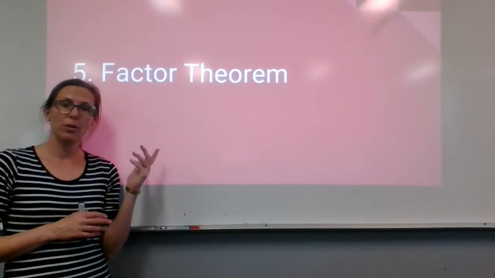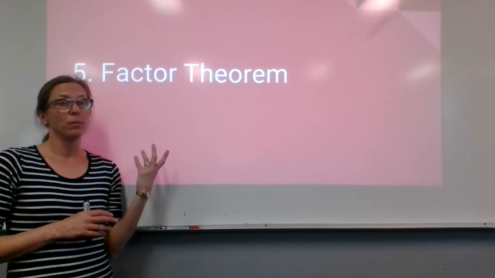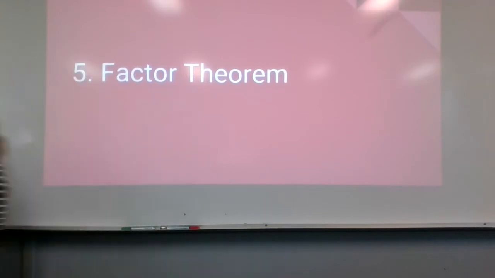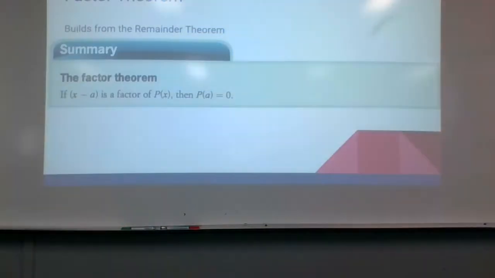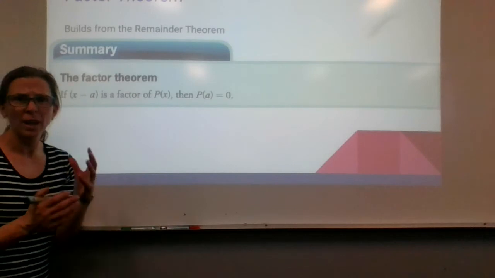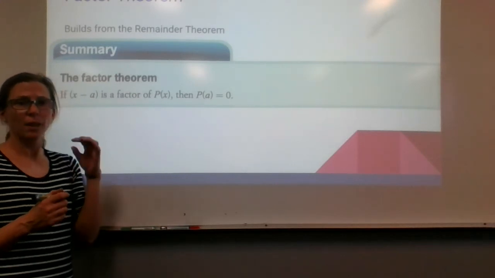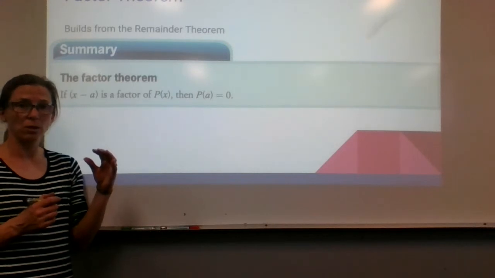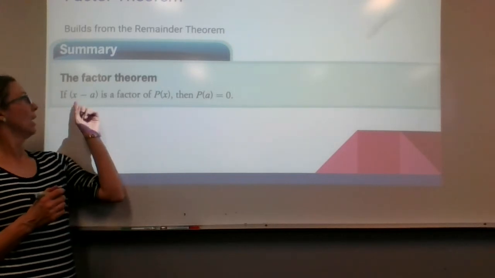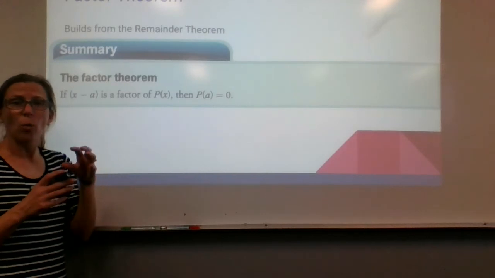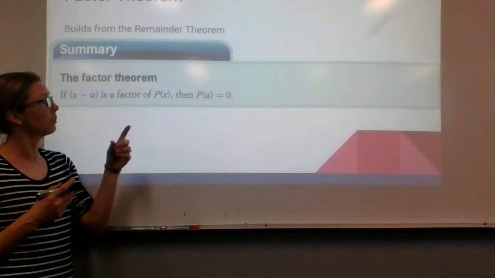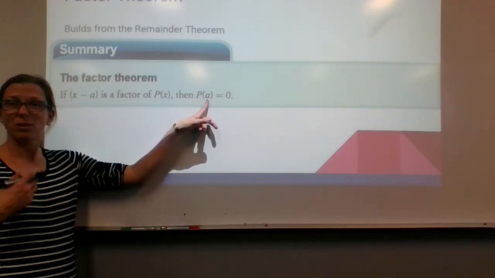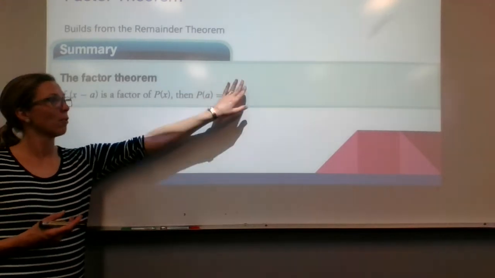Today I want you to work on the factor theorem. The factor theorem builds directly out of the remainder theorem. In the remainder theorem, we understood that if we had a polynomial and we were dividing it by a linear expression, something that looked like x minus a, then we could find the remainder by simply substituting the a into every position where the x was, and we'd get a remainder.